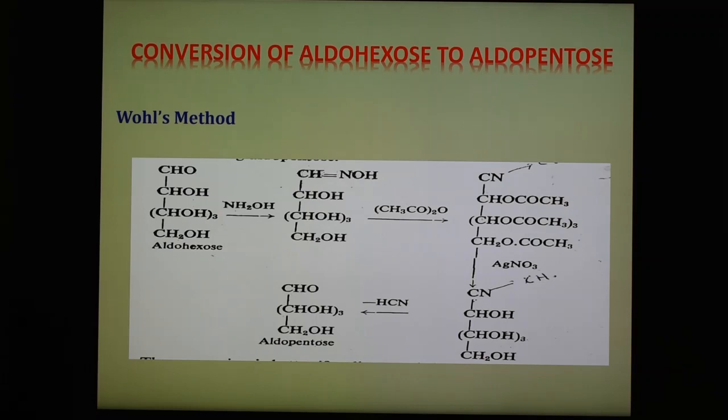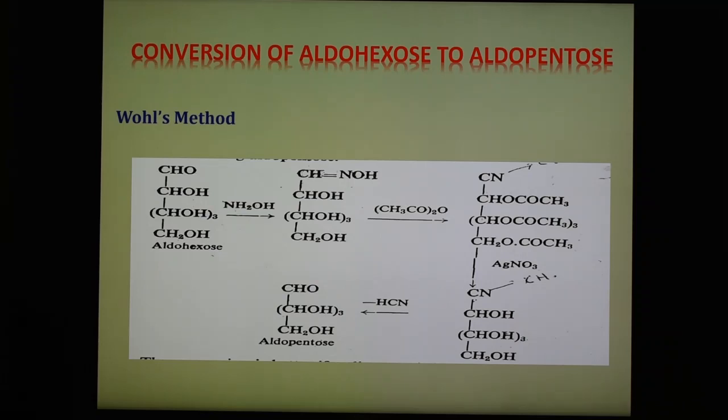Aldohexose can be converted to aldopentose by methods applicable, which is known as descent of series. In this method, the product is an aldose with 1 carbon atom less. Actually there are 2 methods for this conversion: one is Wohl's method and the second is Ruff's method.